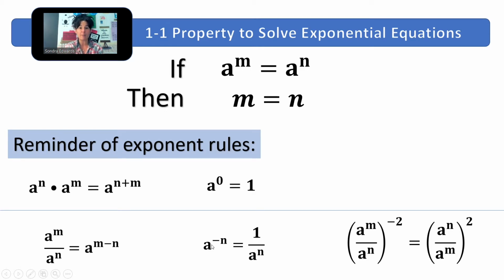If you have a number to a negative exponent, you can rewrite that as 1 over a to the n in that case. And then another just really nice property is if there is a negative exponent on an entire fraction, you can just take the reciprocal of the entire fraction and change the negative exponent to a positive one.